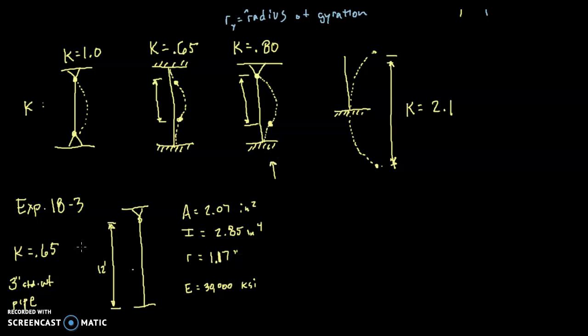And so that means our K value is actually 0.8. We have pinned-fixed, not fixed-fixed. So K value is 0.8. So I think we've got all of our variables. We're ready to plug into the equation and start solving, but I'm just about up against my 15-minute limit, so I'm going to pause the video here and we'll resume the calculation in the next video.